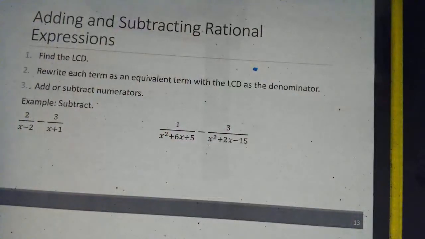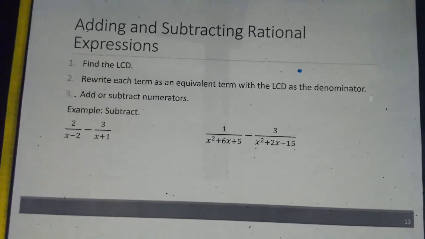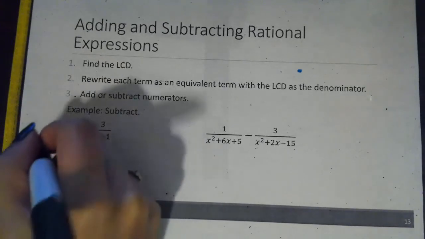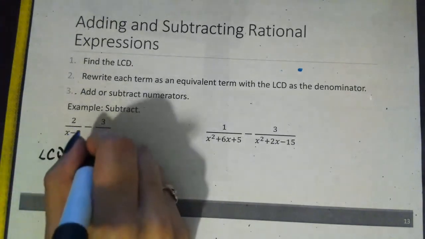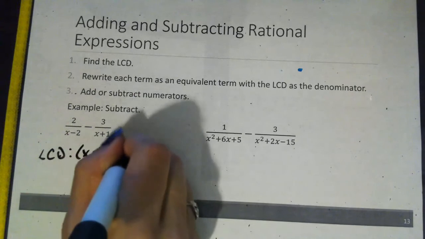All right, we have 2 more we're going to look at. Both of them are subtraction problems, but we're going to approach them the same way. First up, we have 2 over x minus 2 minus 3 over x plus 1. Well, neither of those denominators can factor, so our least common denominator is going to be x minus 2 times x plus 1.